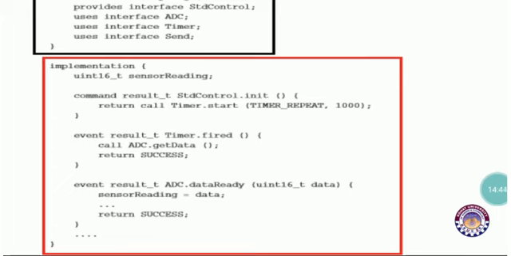As already stated, the STD control init is called at boot time, and the timer expires after a particular time, and a new sensor sample is obtained by adc.getData, which triggers the actual sensor data acquisition.